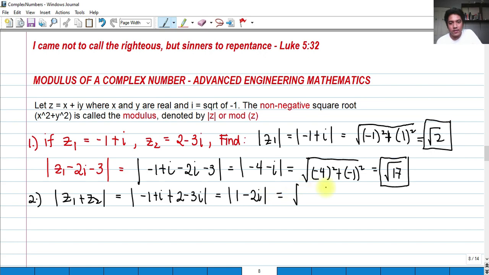And we get the modulus of that. We have 1 squared plus -2 squared, and that is simply equal to the square root of 5. And that shall be our answer for problem number 2.